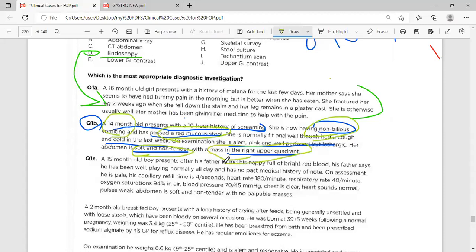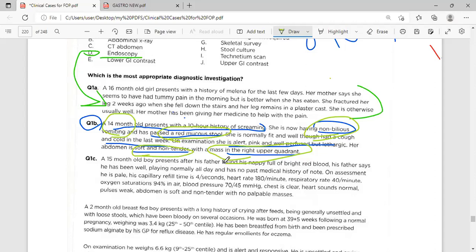What do you think is the clinical diagnosis here, or give me some differential diagnosis? Intussusception. Okay, what is the first clue you will look for in all cases of GIT? Red mucus stool and screaming for 10 hours, non-bilious vomiting, age, and a mass in the right upper quadrant.